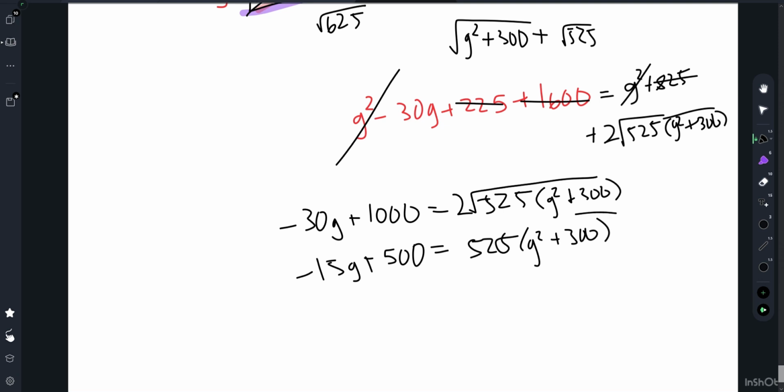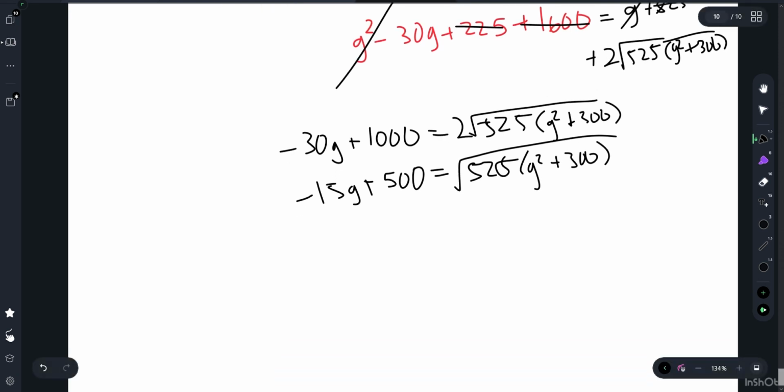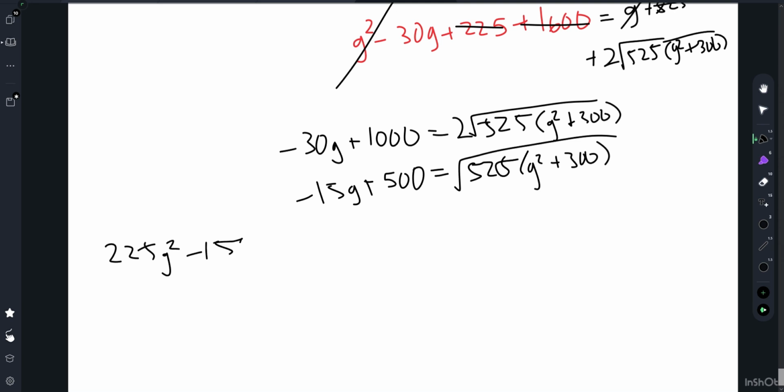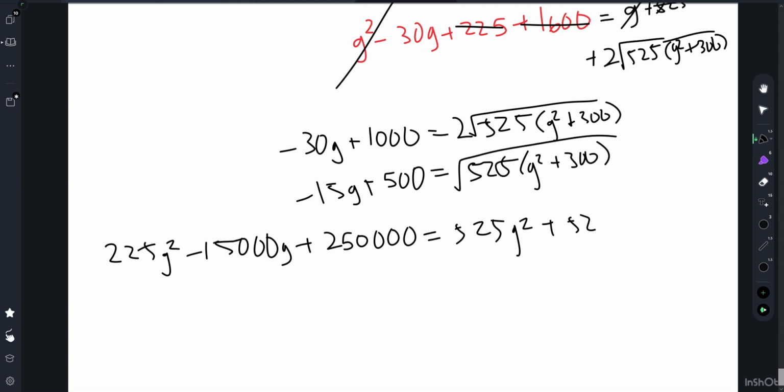So let's square both sides. Now we have 225 g squared minus 15,000 g plus 250,000 is equal to 525 g squared plus 525 times 300.